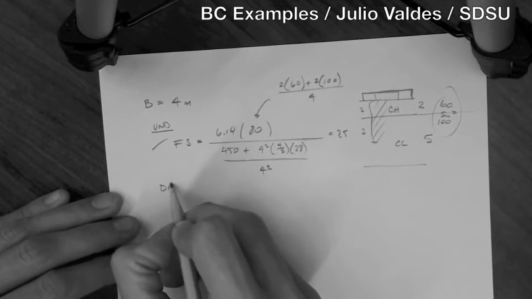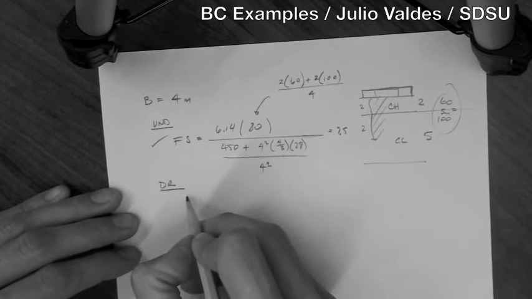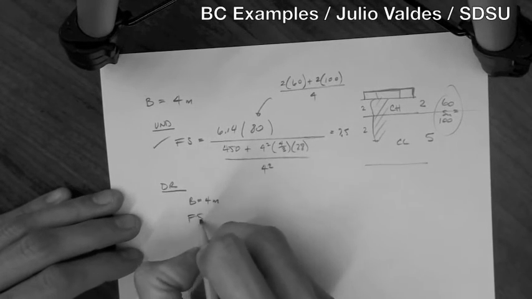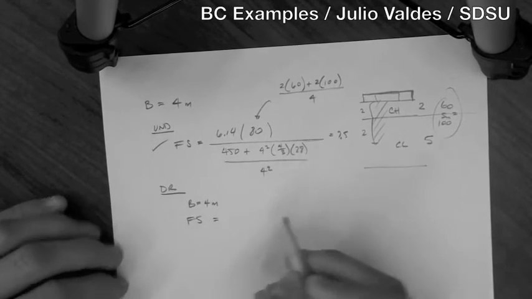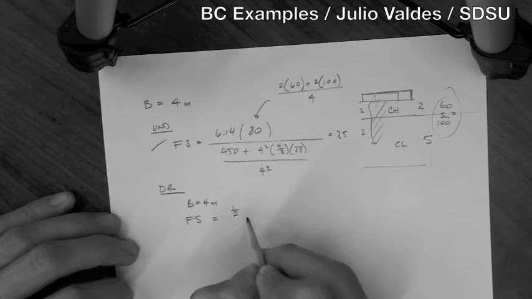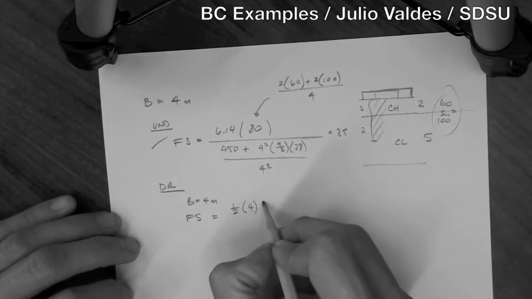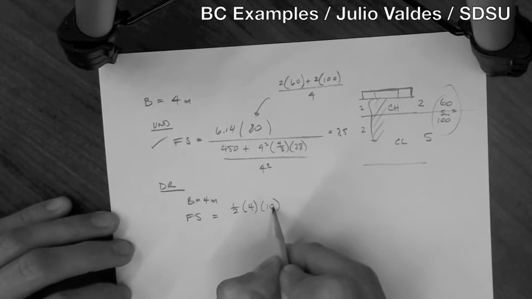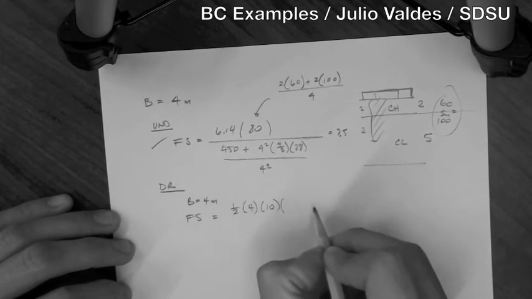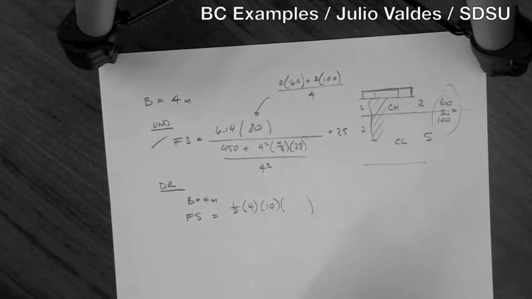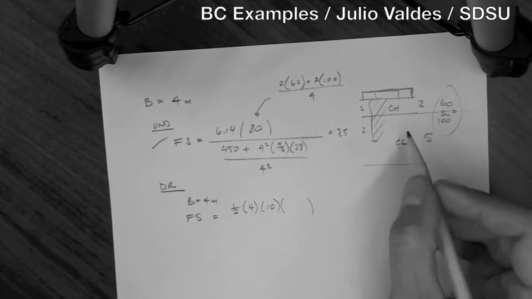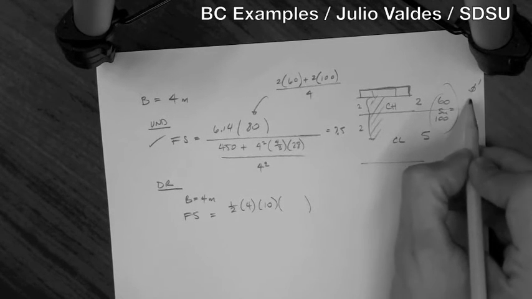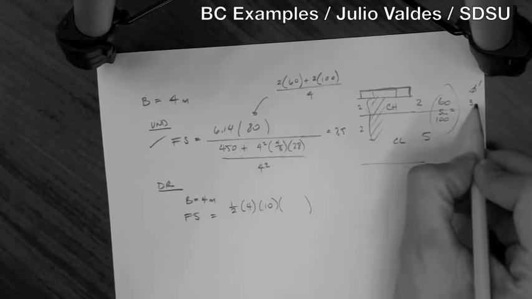Now let's check the drained case for a 4 meter foundation. Factor of safety is equal to 1/2 times 4 times 10. That's gamma soil minus gamma water, times N gamma star. Now N gamma star also involves a weighted average. So the phis here are 30 and 35.